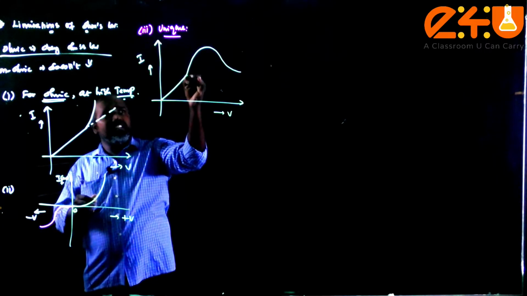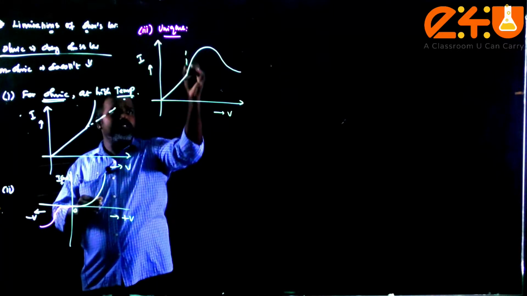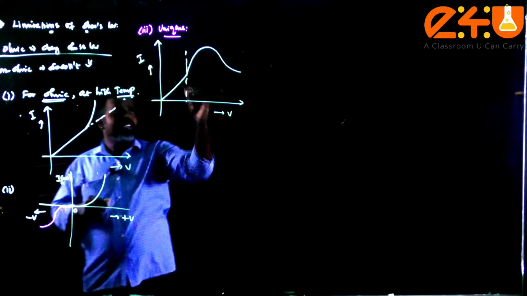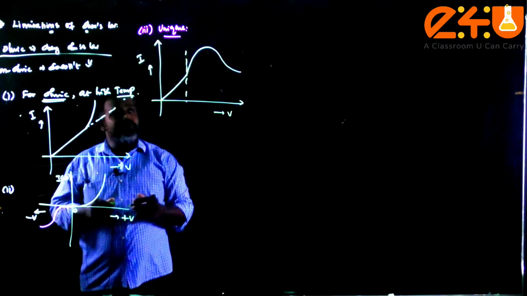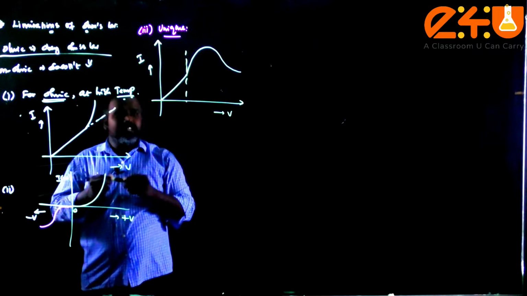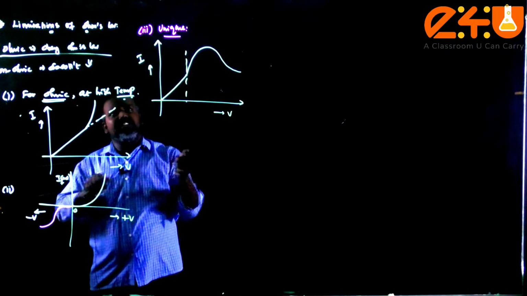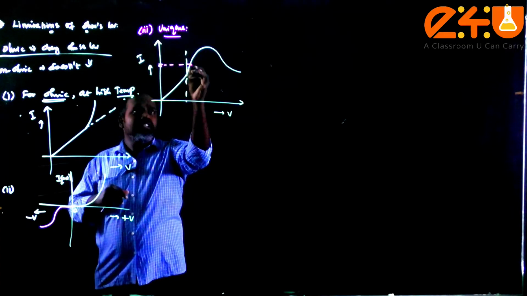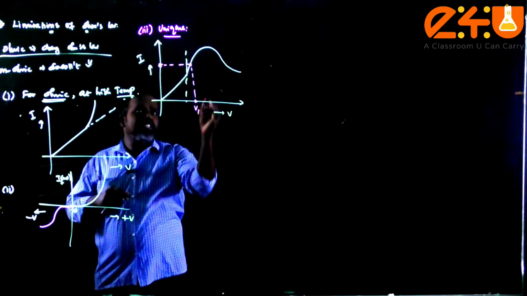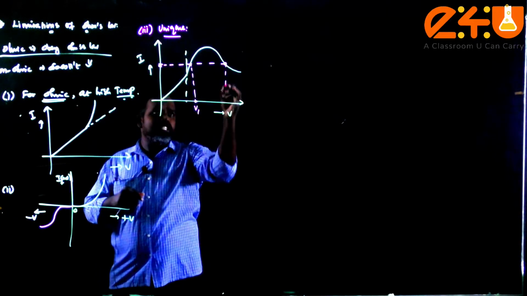Up to a certain region the graph will be linear, but in the rest of the cases the graph will be non-linear. Now consider a particular current value I. For this particular current, there are two different voltages.